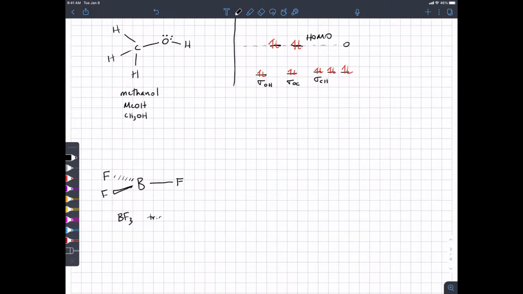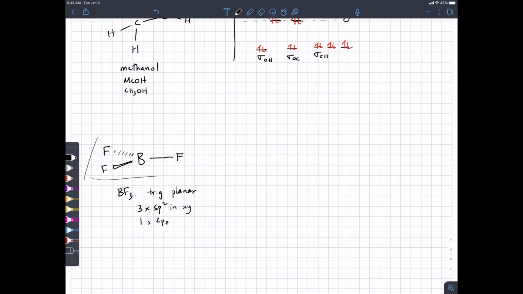Has to be trigonal planar. Therefore, what is the hybridization of boron? Sp2, which means I've got 3 sp2 orbitals and 1 2pz orbital, we'll say. We'll say that all of these are sp2 orbitals in the xy plane.